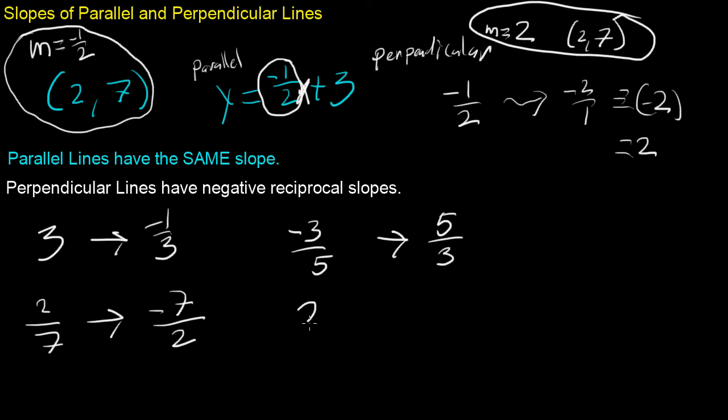Well, and if I have the number 1/2, the negative reciprocal is negative 2. Okay, so that's how you determine what slope to use if you're looking for a perpendicular line through a point. So that should be enough for this lesson anyhow. Make sure you're asking questions as you have them.